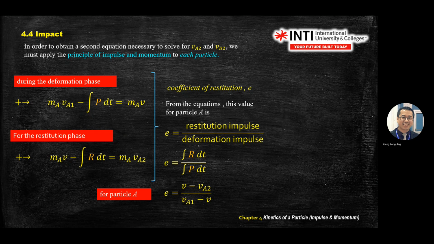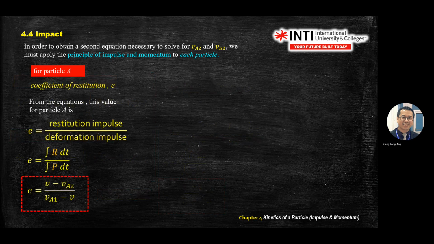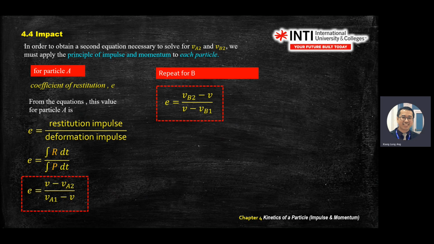Make sense? Then you put it inside this equation and cancel the mass. You get (v minus v_A2) divided by (v_A1 minus v). Makes sense? This is for A. What happened to B? For B, you repeat the same process. You'll get (v_B2 minus v) divided by (v minus v_B1).